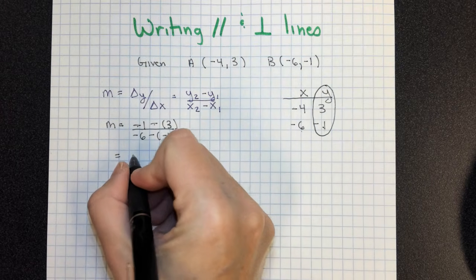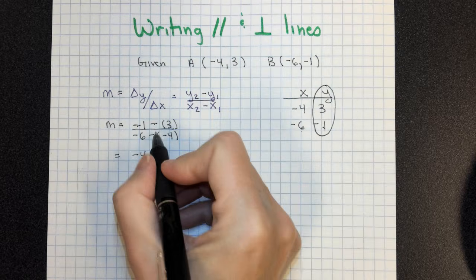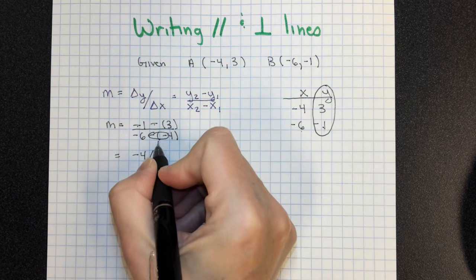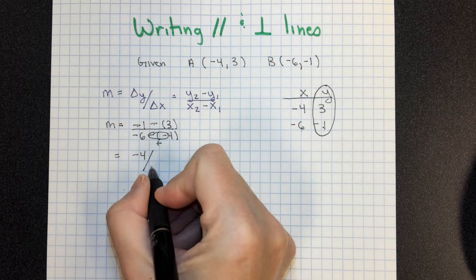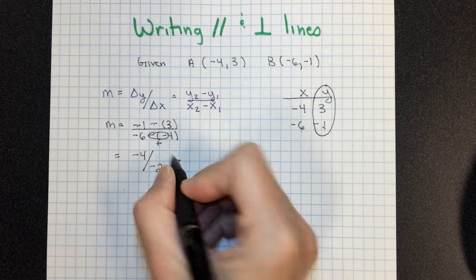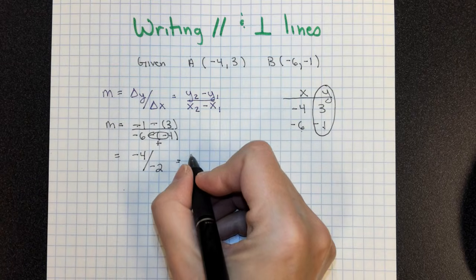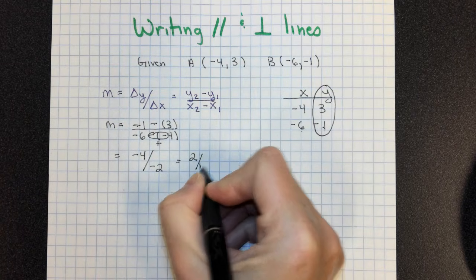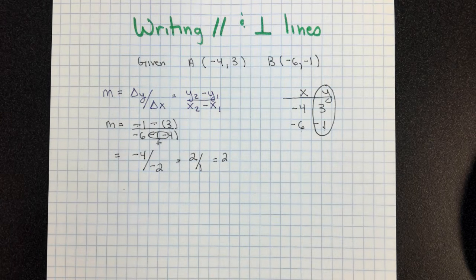-1 minus 3 is going to be -4. This is going to become a positive, so that's going to be -2. Remember that 2 negatives become a positive, so my slope is 2 over 1, but we'll just write it as 2.